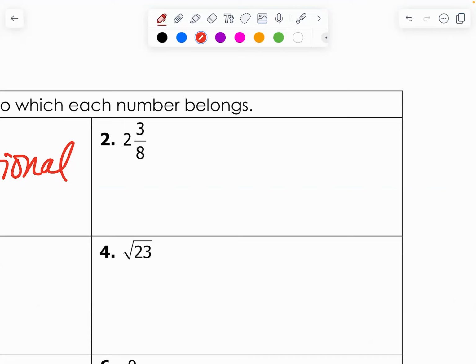Rational or irrational? The irrational. Okay, I want you to go to the previous page and find the word fraction. Where does it say the word fraction? In the rational. In the rational. The very definition of rational is when we have a fraction. We have a fraction. This is going to be in the rational bucket.